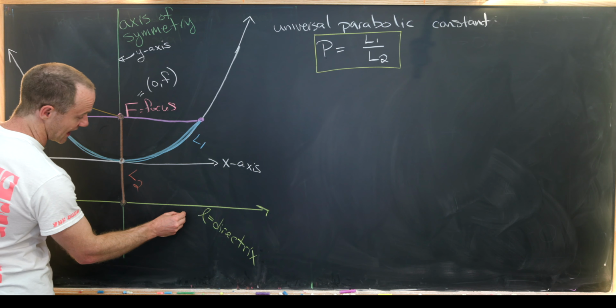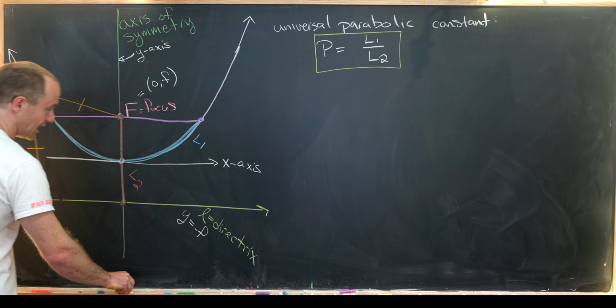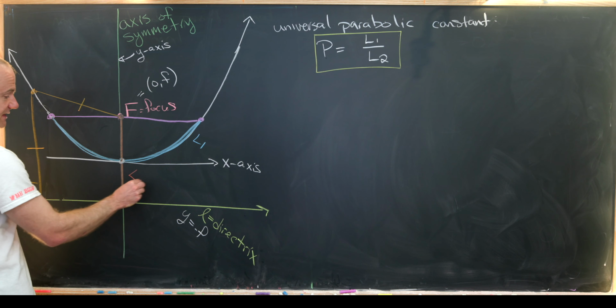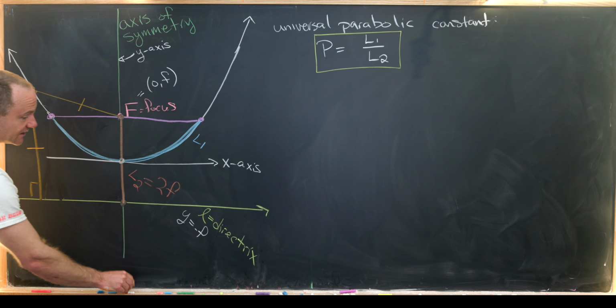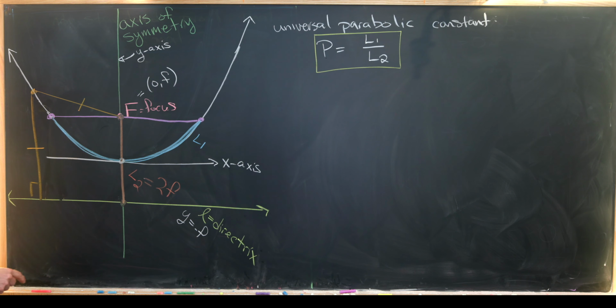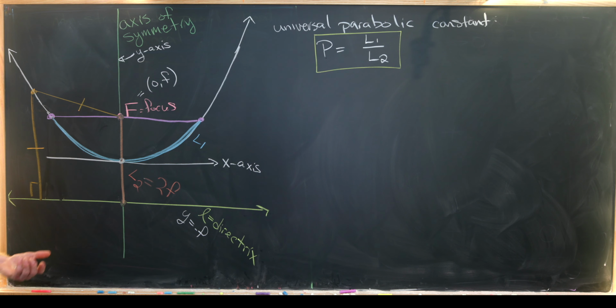My directrix will have equation y equals minus f. But that immediately tells me that this length L2 is equal to 2f, the distance from the directrix up to the focus.